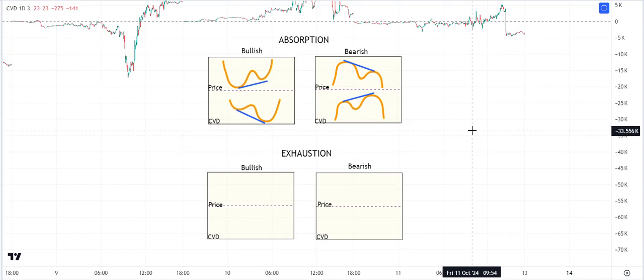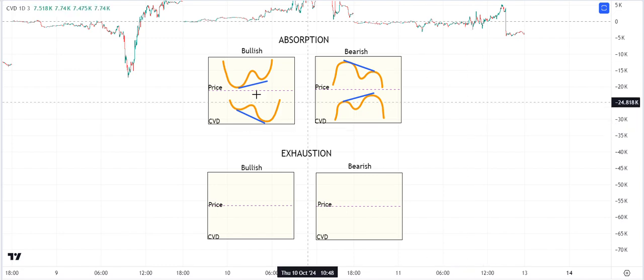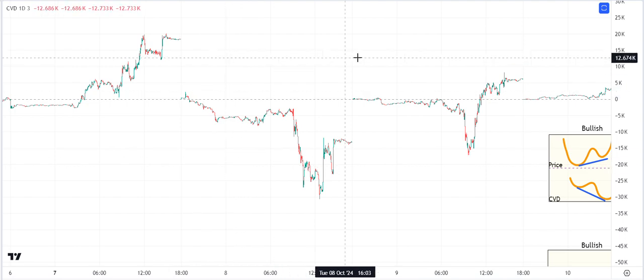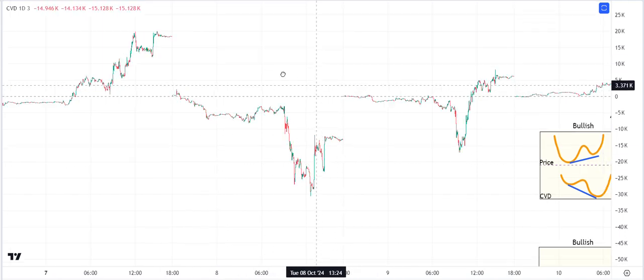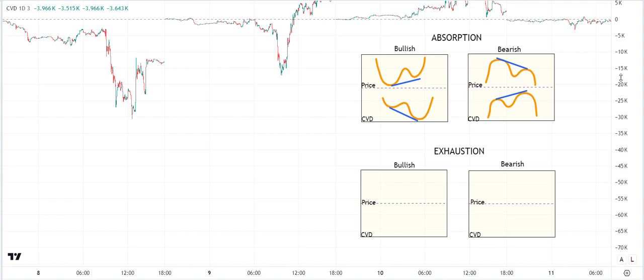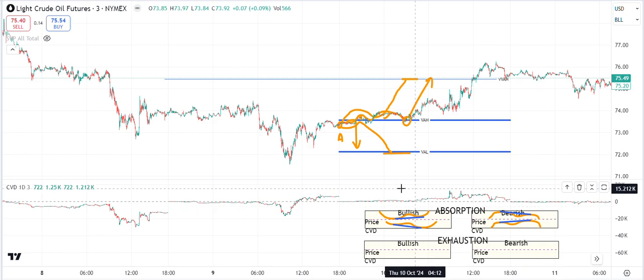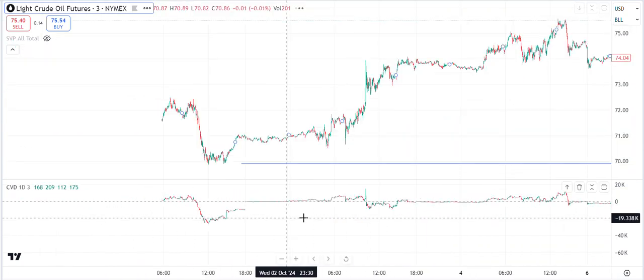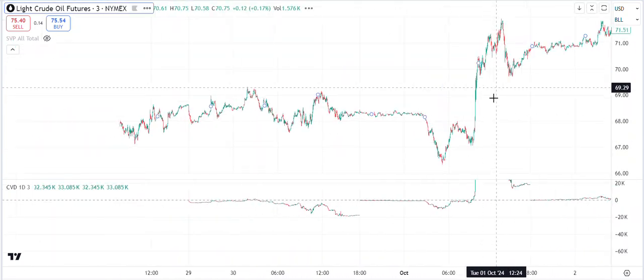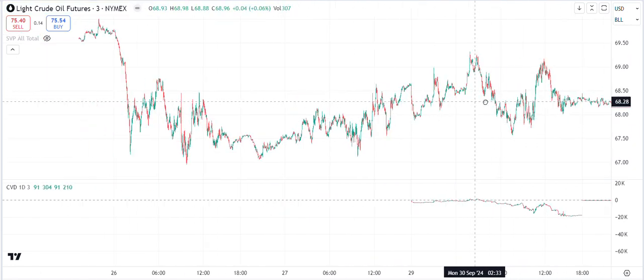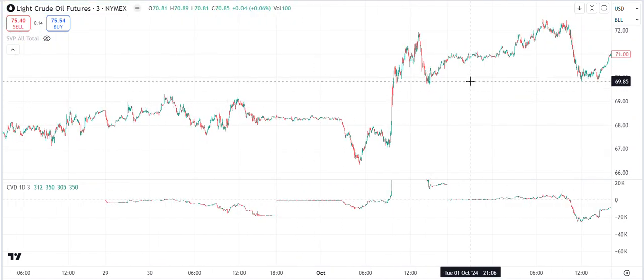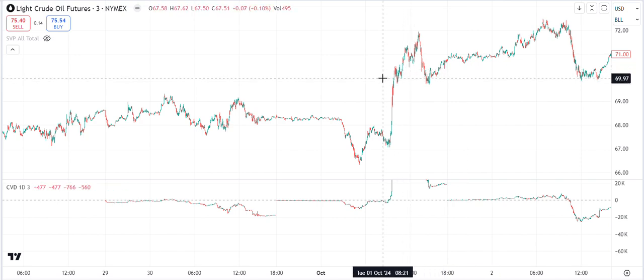We're going to go into some charting examples. Actually, let's go into some charting examples now. This is a CVD chart that we're looking at. Just going to exit this one. And we're going to go to a random day. I don't know how far the CVD data goes back. Okay, so let's do this Tuesday.